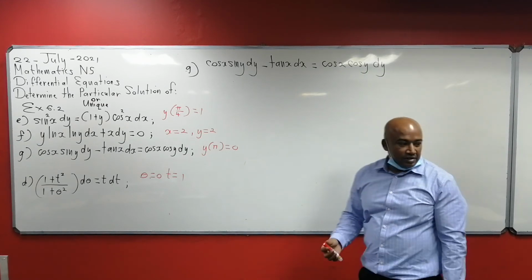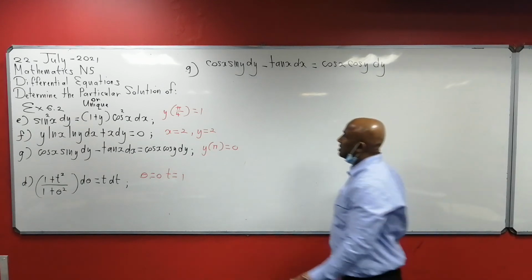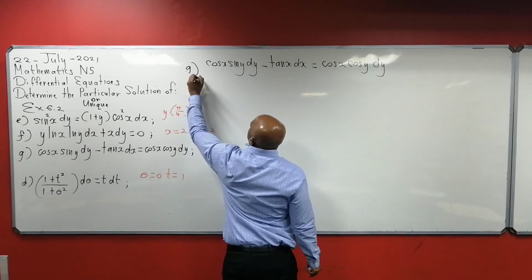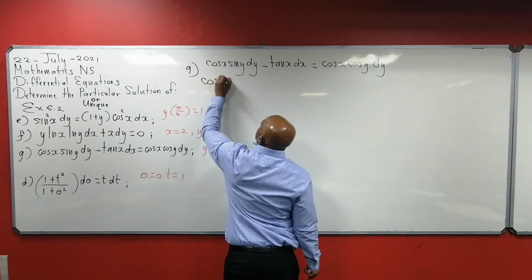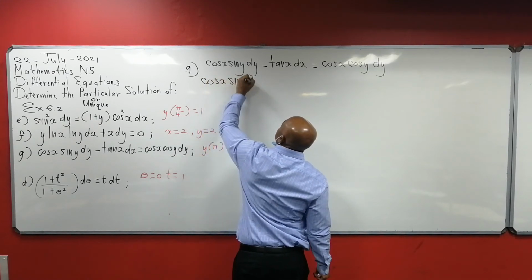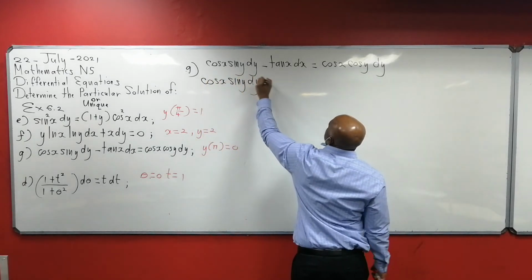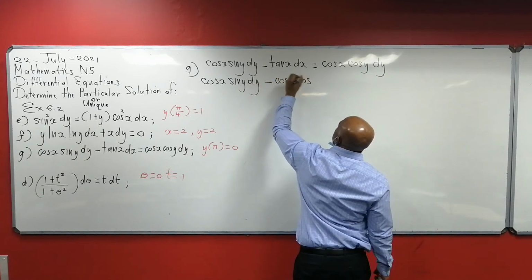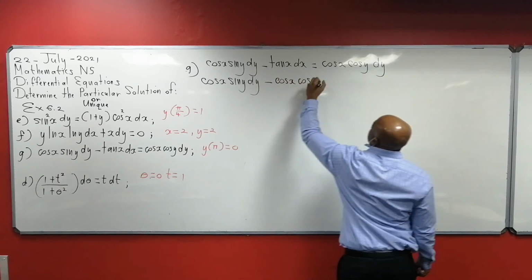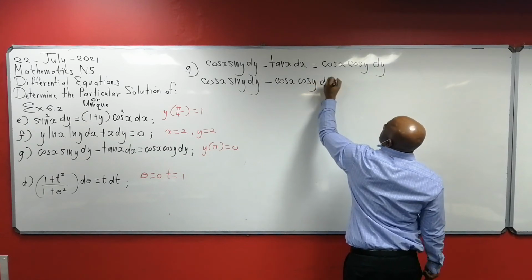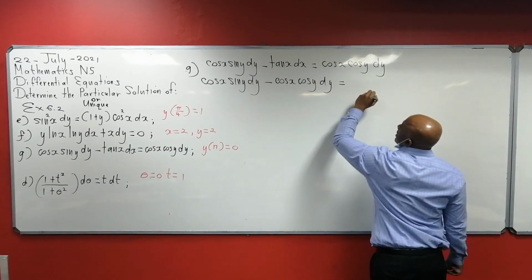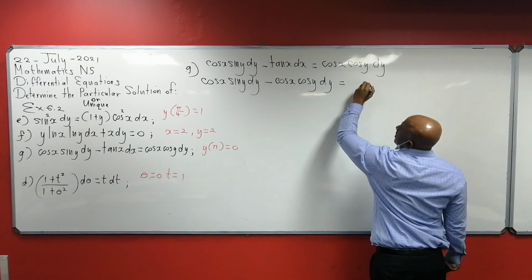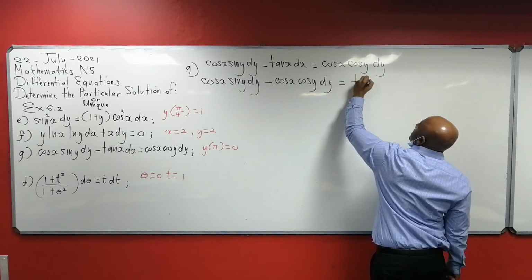Let's take all the dy's on one side. So now we got cos x sin y dy minus cos x cos y dy is equal to your tan x dx here.